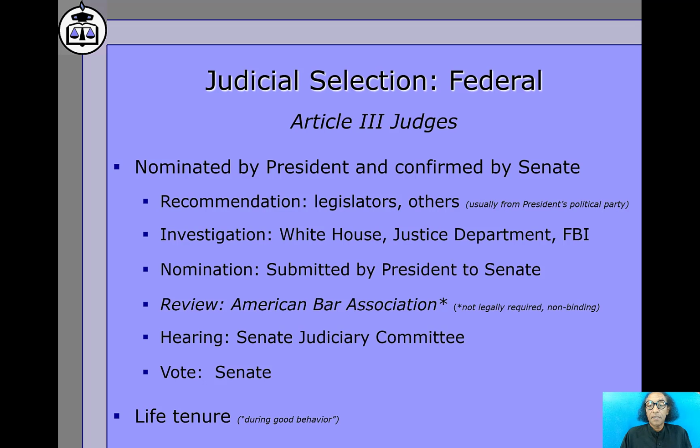Judicial selection for Article 3 judges, they're nominated by the President and confirmed by the Senate. Now, the recommendations for these nominees could come from legislators, others from senators, or the President's advisors, and perhaps even the American Bar Association.